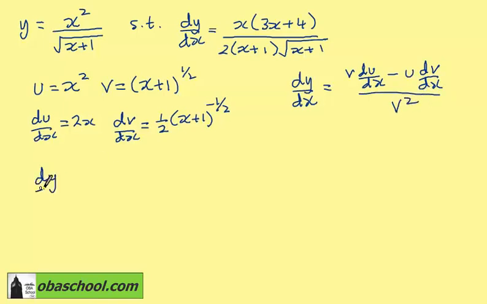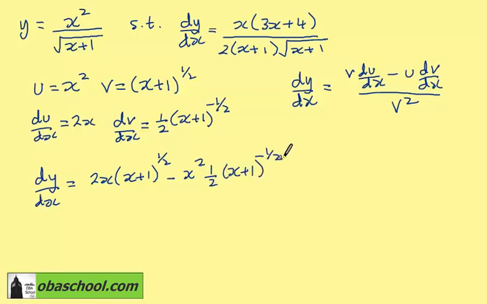So dy/dx is going to be v times du/dx, so that's 2x into (x + 1) to the half, take away u dv/dx, so that's x squared, times a half (x + 1) to the minus a half, all divided by v squared, which is x plus 1.